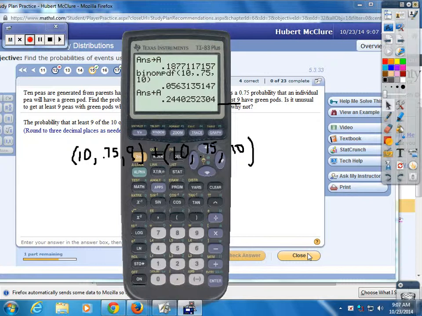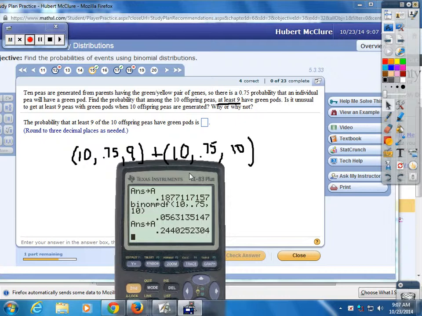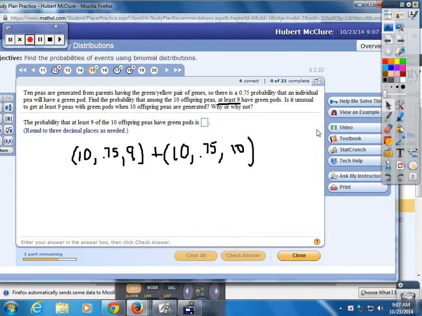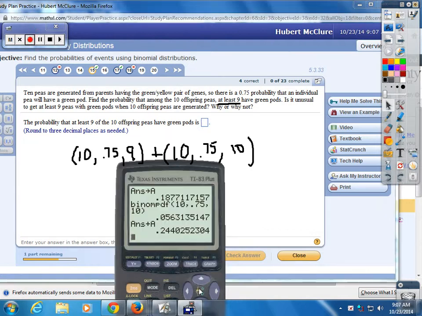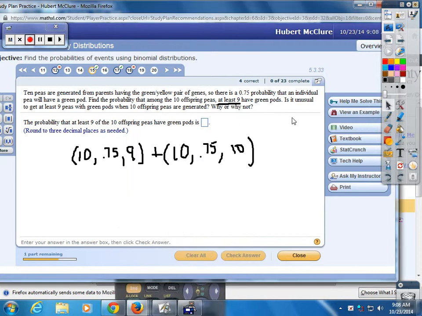Is it unusual to get at least 9? That's what it says right here. So the probability of at least 9 of the 10 is what? What did we get for that first one? 0.056. Oh, the second one. I'm sorry. 0.188? Yeah.